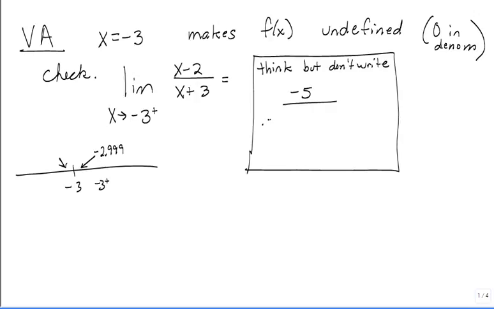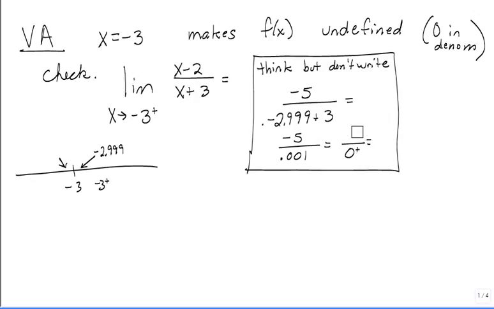Let's try that. Just pick a number really, really close to -3 because you're approaching it. So what you're thinking is, let's put that in there. And that's going to be a -5 over 0.001. Okay, so what you have is a negative number and 0 in the bottom from the positive side, and that's going to be a negative number over 0.